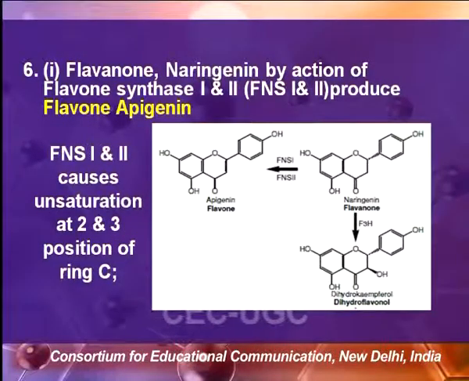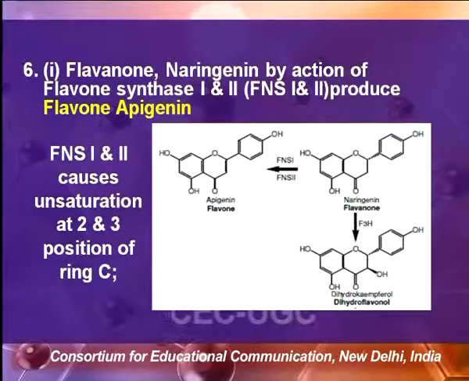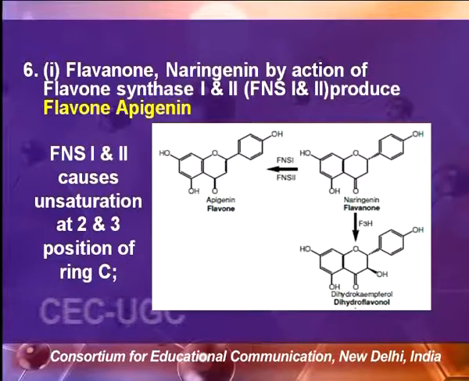So in the next step, the sixth step of biosynthesis of flavonoids, this flavanone molecule again has two branches. The naringenin flavanone molecule is acted upon by flavone synthase 1 and 2 enzyme. Now these flavone synthases 1 and 2 are responsible for the introduction of unsaturation in the ring C of the flavonoid nucleus.